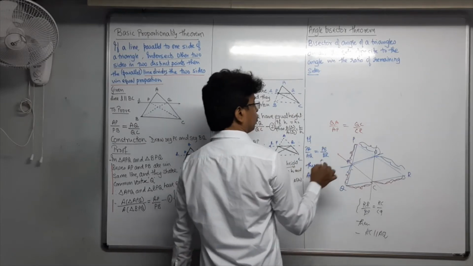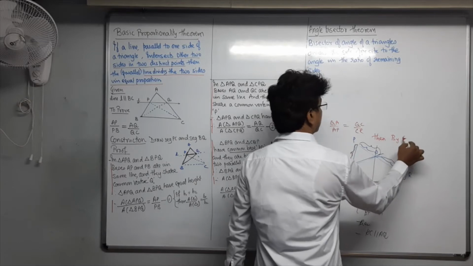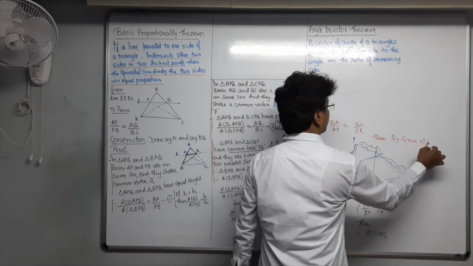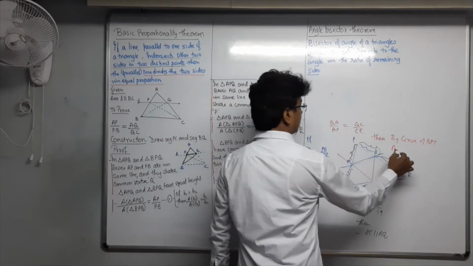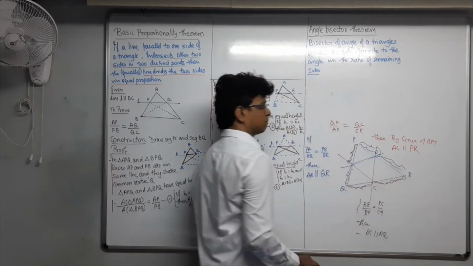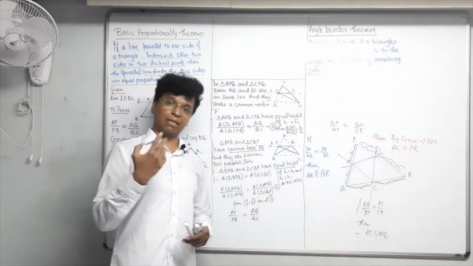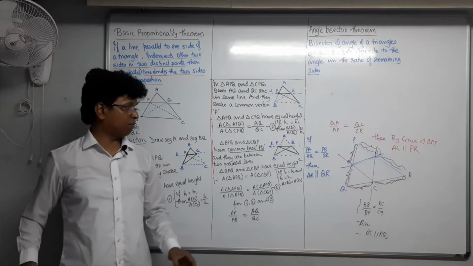If this is true, then by converse of BPT, what will I get? AC is parallel to PR. This will be the result at that time. Okay, my dear students, so that is the meaning of converse of BPT.